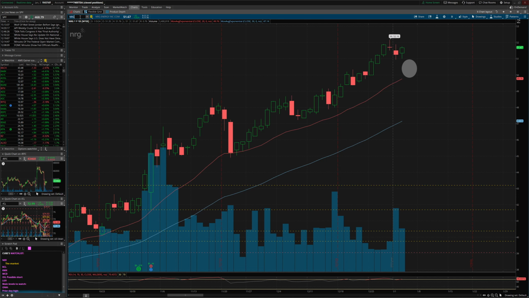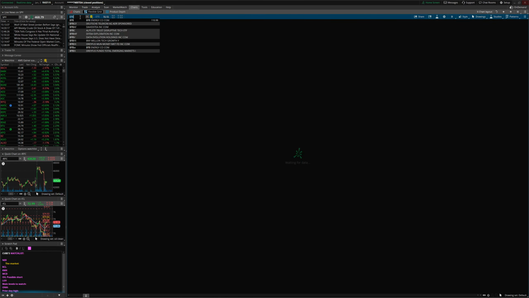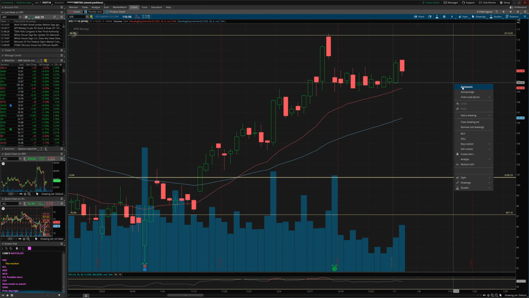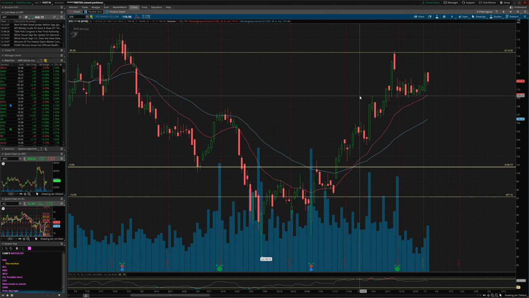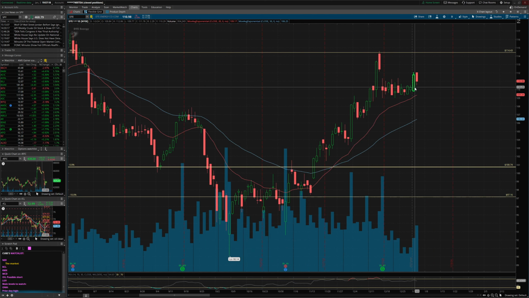DTE. Oh, it's another energy name. DTE Energy. Are you just doing energy names? There are better setups out there, man. I do see the consolidation. This attempted to do a breakout. This candle should have taken it higher, but it only went to fill the gap and rejected.